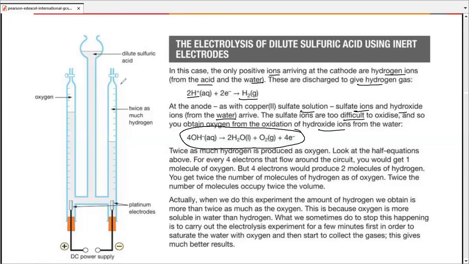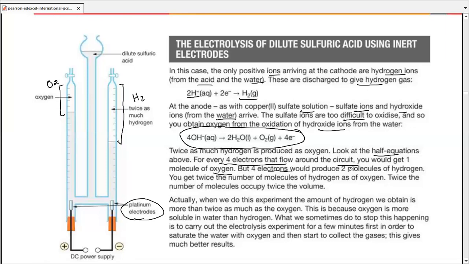If you notice, you would see that there is twice as much hydrogen as oxygen in this case. We're using inert platinum electrodes. Look at the half equations. For every 4 electrons that flow around the circuit, you would get 1 molecule of oxygen.